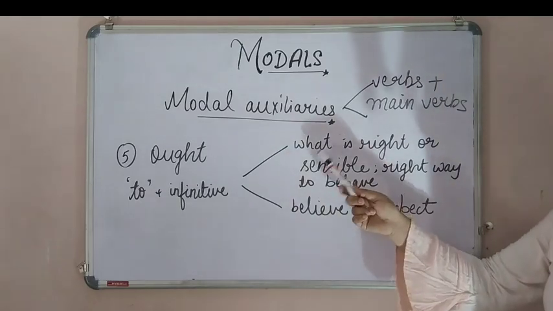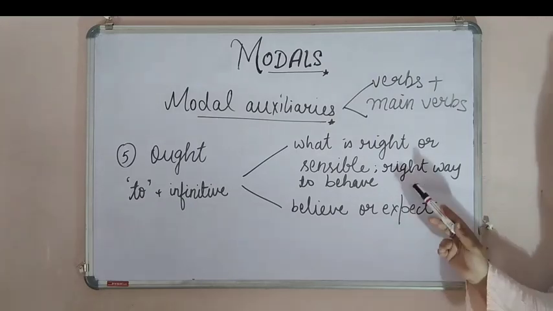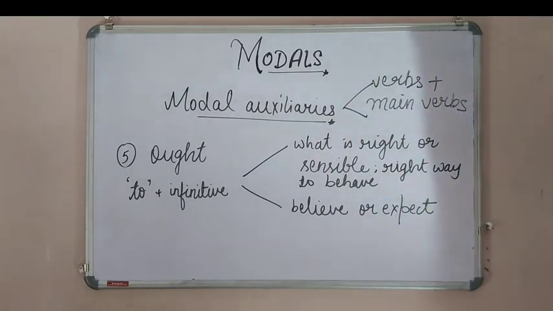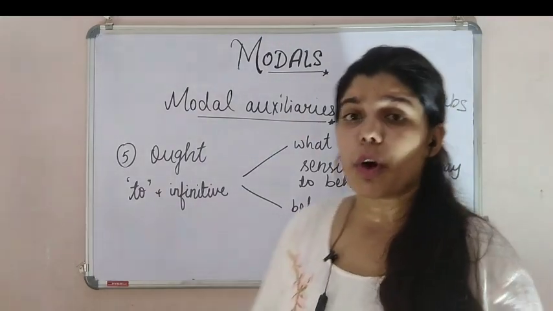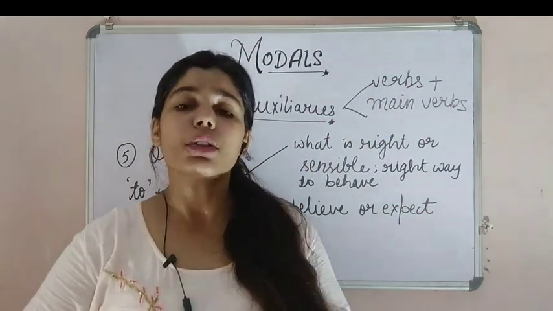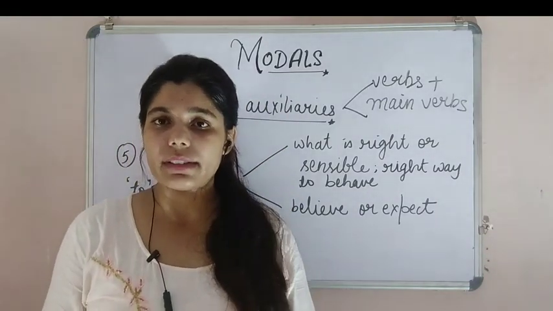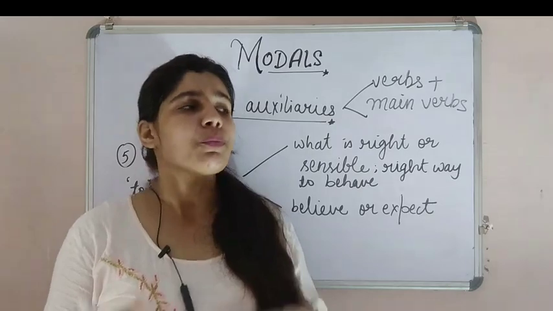It is used to express what is right or sensible, or the right way to behave. Suppose we say you ought to get up earlier, you ought to go for morning exercise daily. So we are telling that this particular habit is right for you.